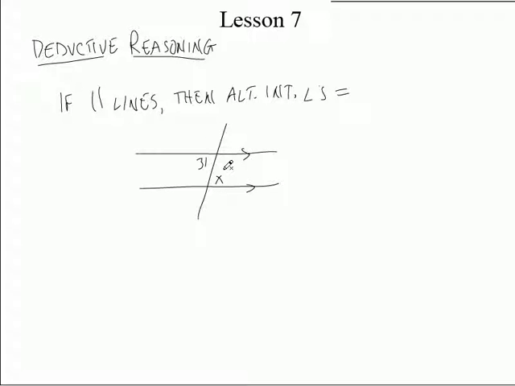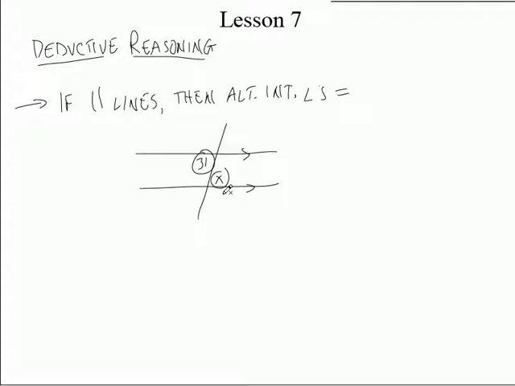What did you base your answer on? Well, you didn't base it on, well, I think it's going to be this. I based it on something that's actually written out specifically. It's specifically written out that if you have parallel lines cut by a transversal, then the alternate interior angles are going to be equal. You look at these two angles. Those two angles are alternate interior angles, and so they're going to be equal to each other.